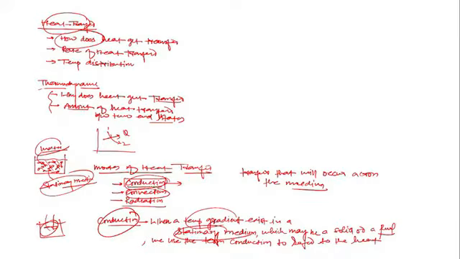Convection is a transfer of energy between a surface and the fluid flowing over it when both are at different temperatures. If the fluid is flowing over a surface and both are at different temperatures, then there is convection.